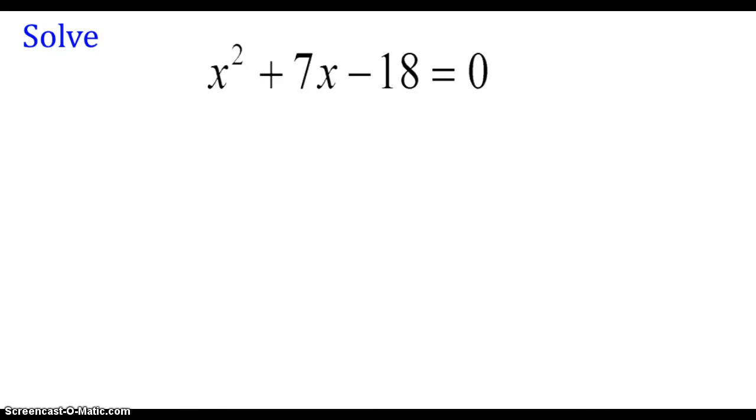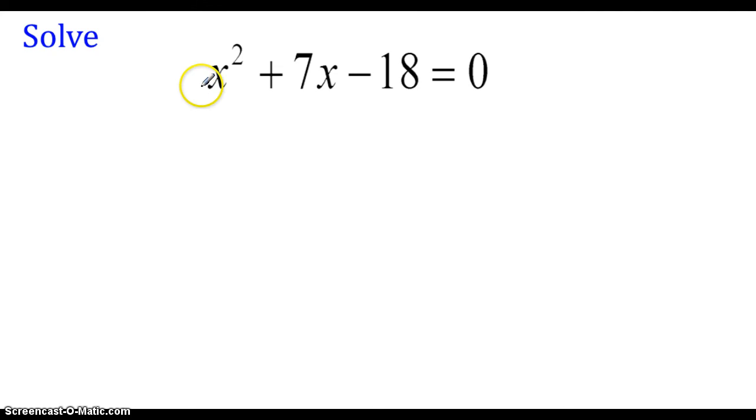So when we're solving, it has to be set equal to 0. And the easiest thing, if you have x squared and x in a problem, is that you get everything to one side. My best bet is never try to leave the x squared term negative, because it just makes it a little harder. So no matter which side you have to move them to, always move it so that the x squared stays positive.